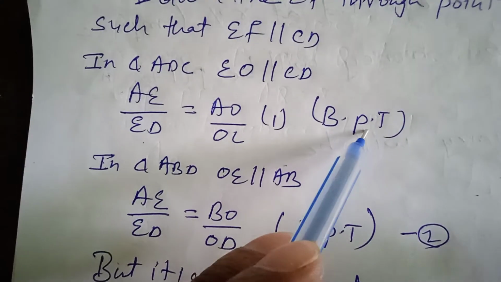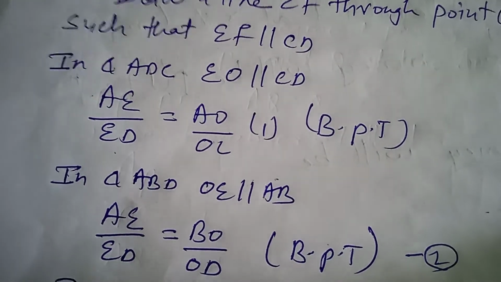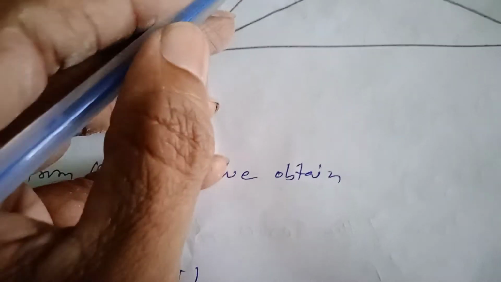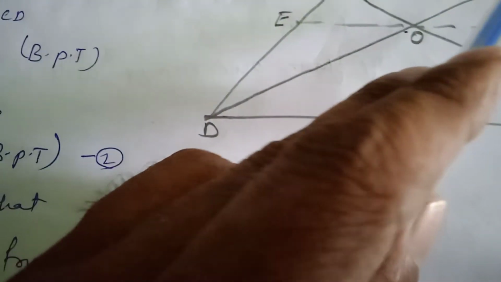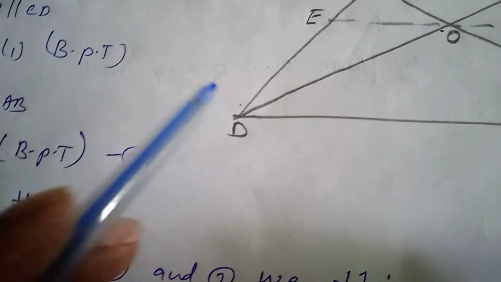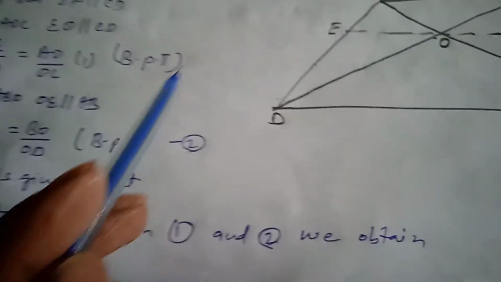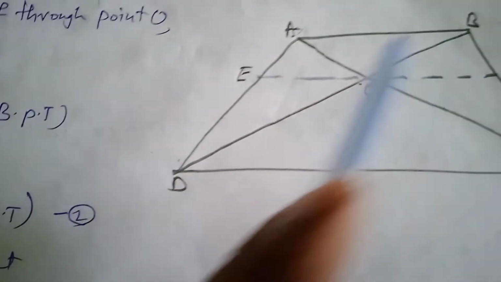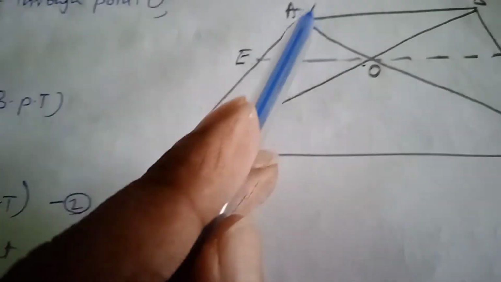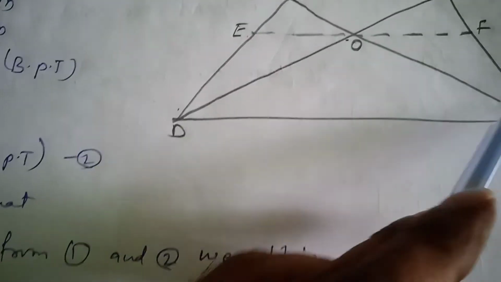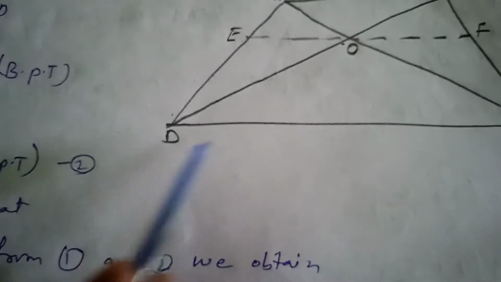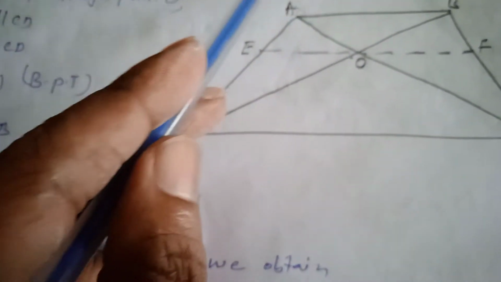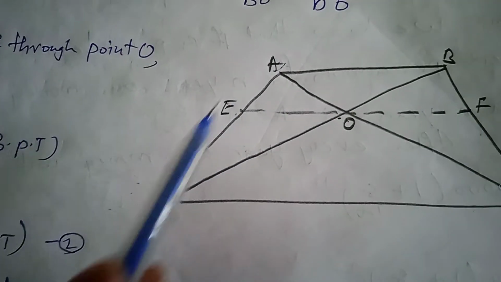Basic proportionality theorem formula. Same way, now in triangle ABD, OE is parallel to AB. First of all, we took triangle ADC with OE parallel to CD. Now in triangle ABD, OE is parallel to AB.